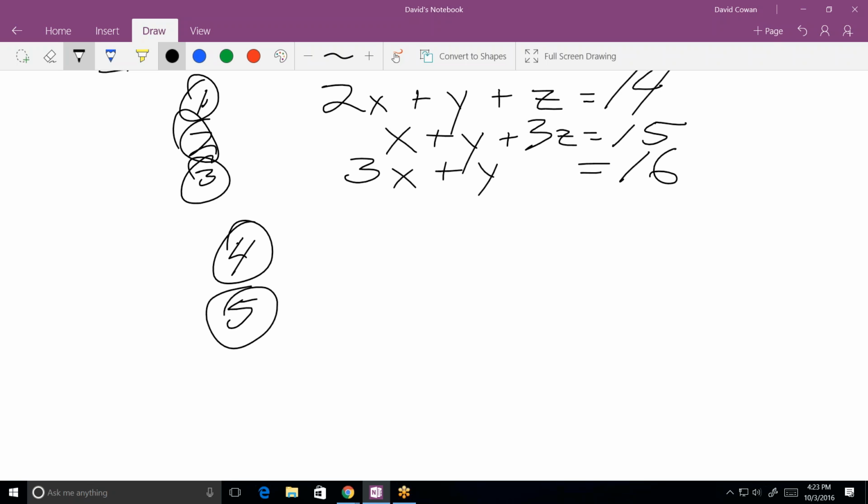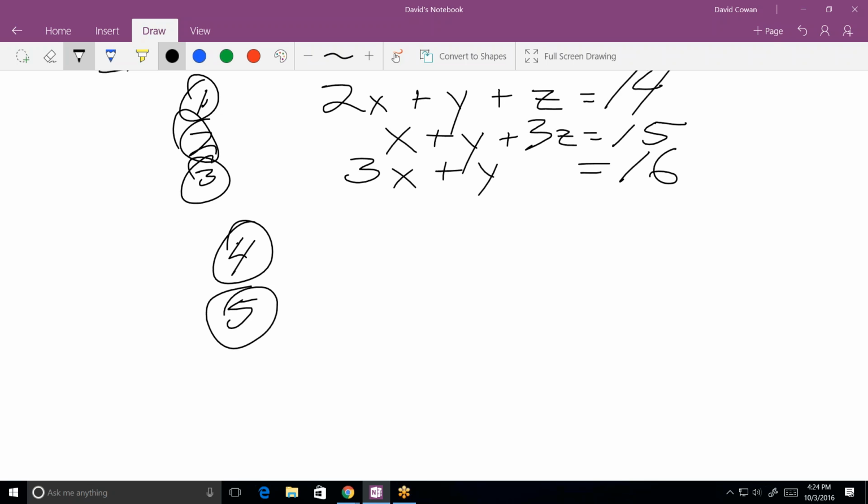Okay. Well, it's pretty easy to eliminate y, as all I have to do is subtract 2 from 1. So what's equation 4 going to be? What we're doing is subtracting equation 2 from equation 1.